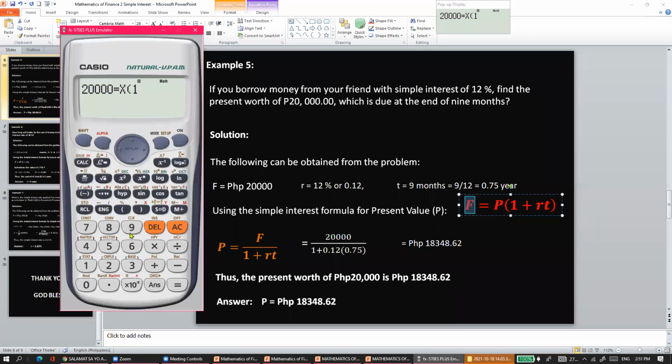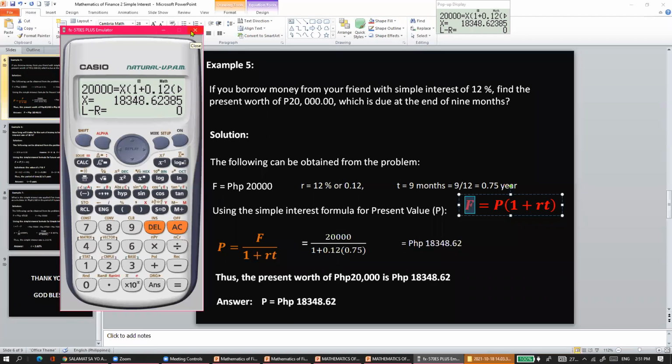And then what is R? 0.12. Then times 0.75 yung time. Close. And then I'll just press shift calc equal. And that's it. Pareho lang ang makukuha nating sagot. So yan yung problem number 5 natin.